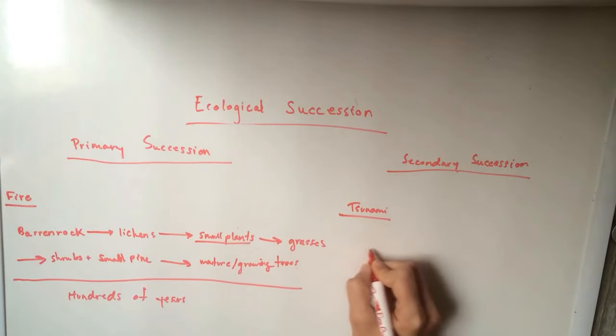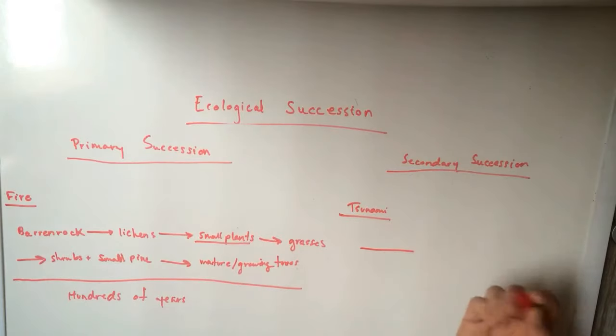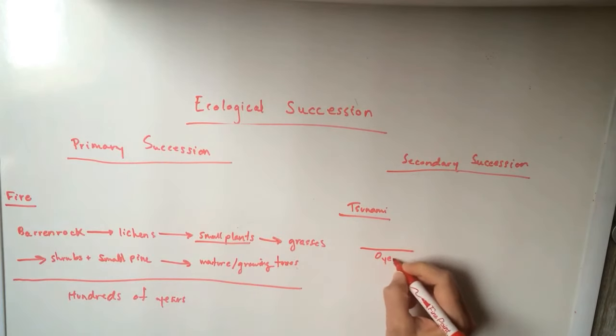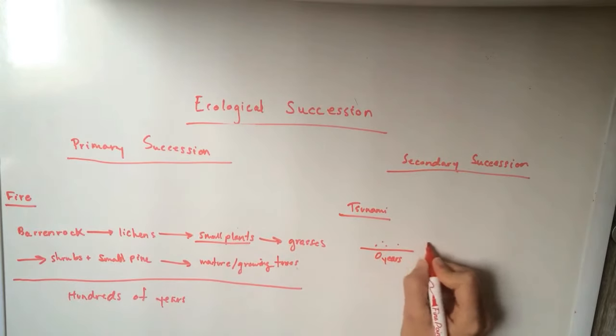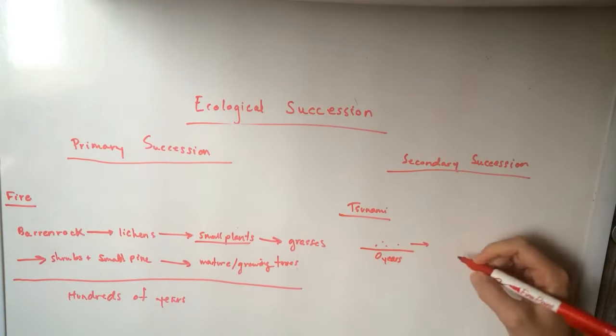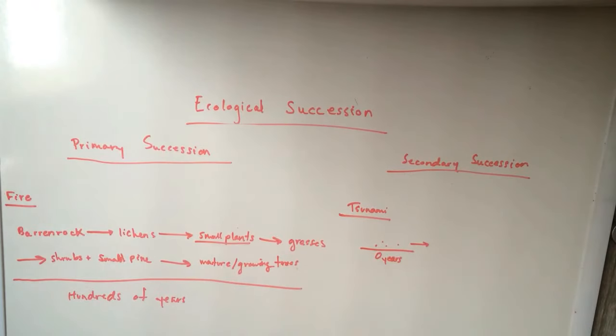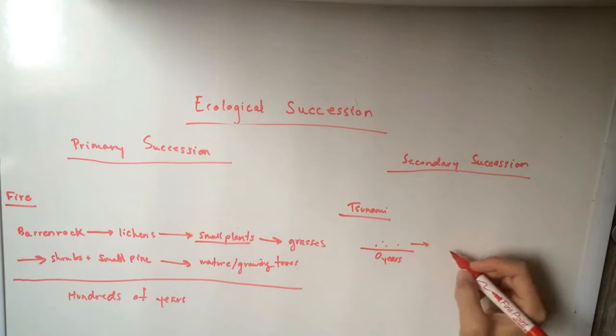So we can have here a specified 0 years. After the disturbance, there's some soil, and then after those 0 years, we'll start to see, again due to wind or erosion or rain, that can bring in some pollination, some cross-pollination, some plants.